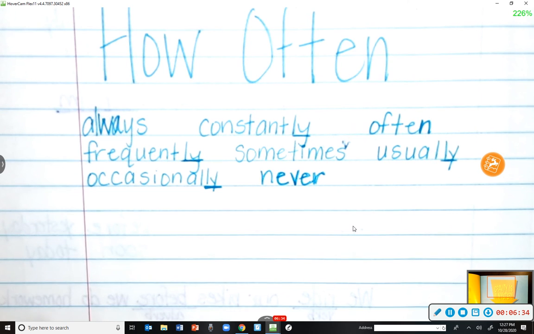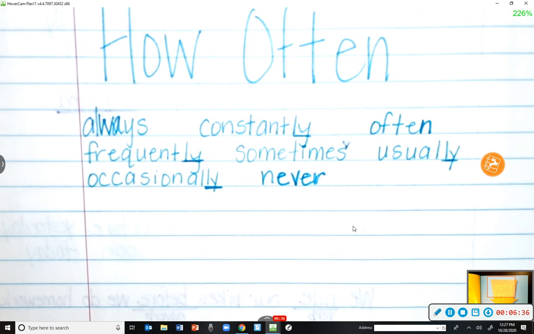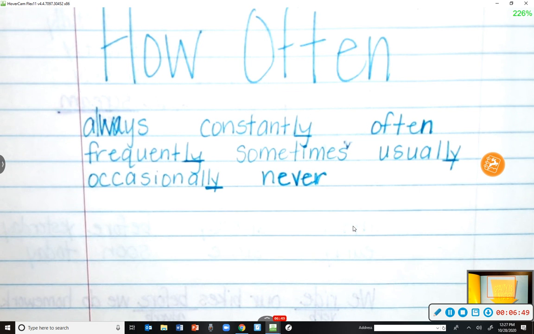I never eat vegetables with my dinner because I think they're gross. Yeah. Not me. I love vegetables, but that's a sentence. So I never eat. The verb is what? Eat. How often do I eat? Never. Okay. Never eat. Okay, let's do one more.